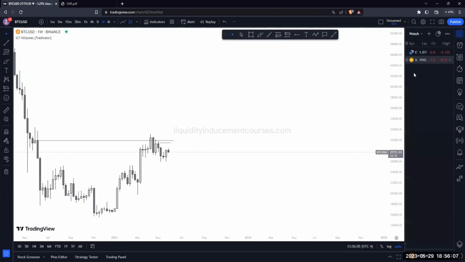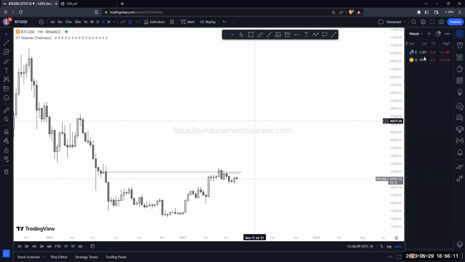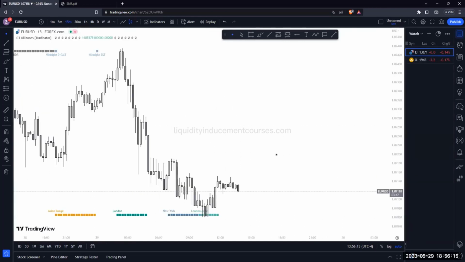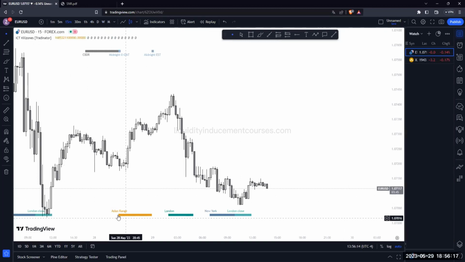Can you show the ICT kill zone settings? Yeah, sure. Here you go. Just put New York time -4, Asian range from 8 to 12, and then from 2 to 5, from 7 to 10, from 10 to 12.